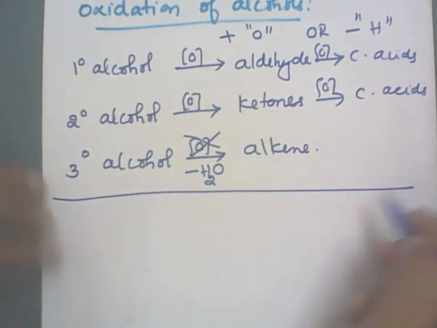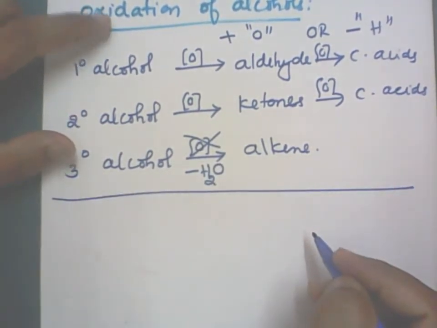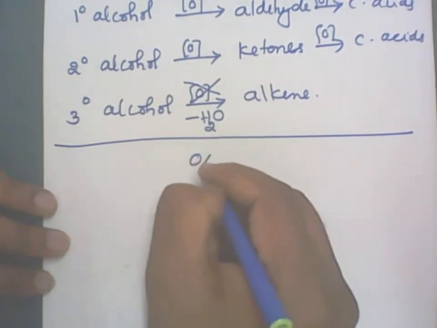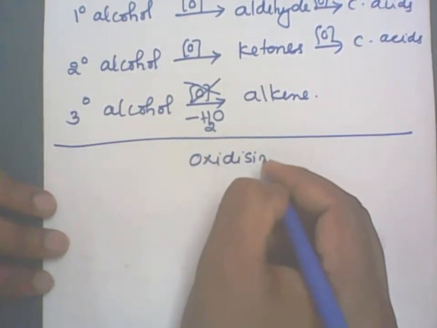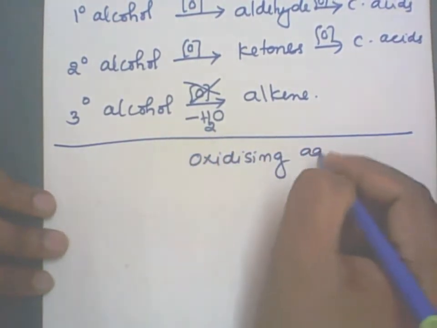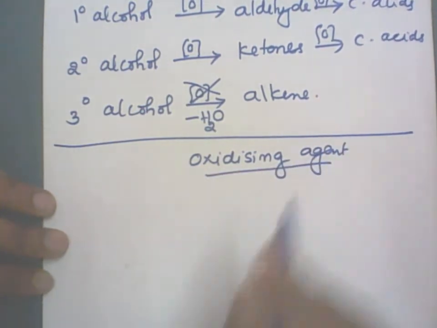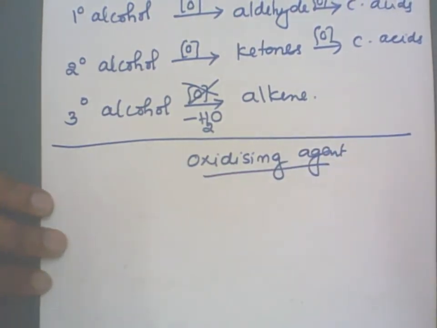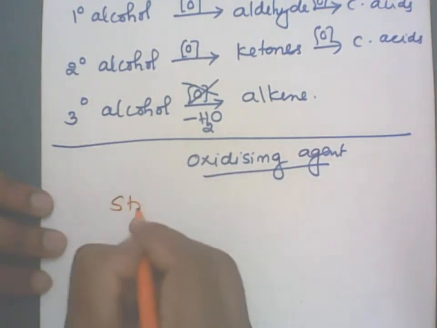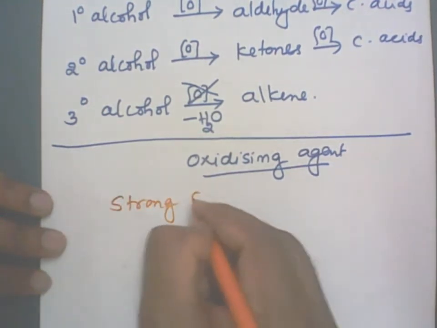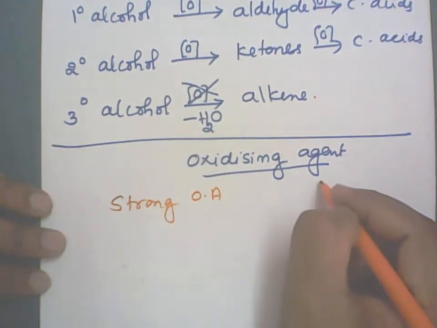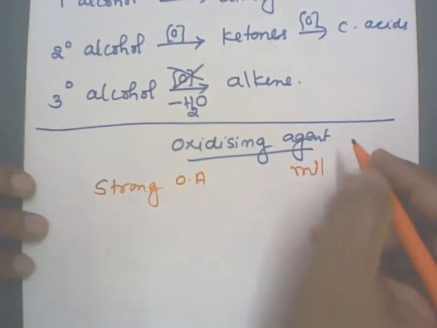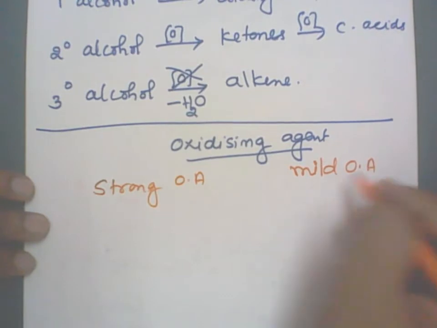Now, for the oxidation, what is required? We require an oxidizing agent, correct? And there are 2 different types of oxidizing agents. One is called the strong oxidizing agent. The other one is the mild. We don't say weak, mild oxidizing agents.